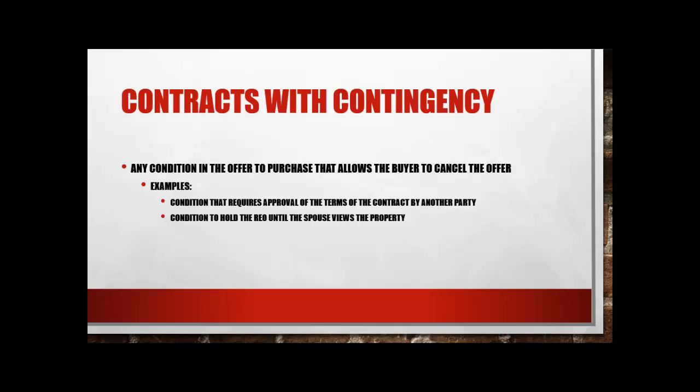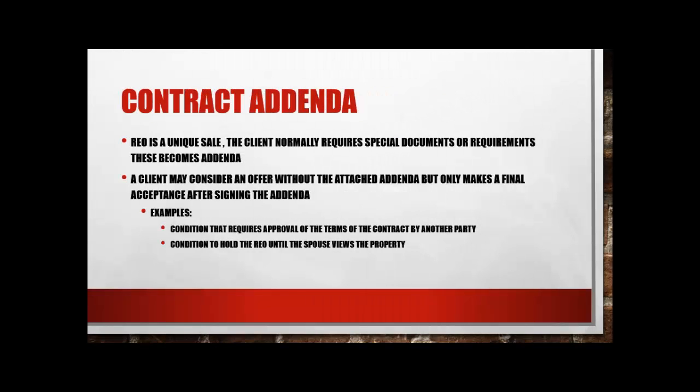After contracts with contingency, we'll be moving to contract addenda. In contract addenda, REO is a unique sale, so the client normally requires special documents or requirements, and these special documents or requirements become addenda.